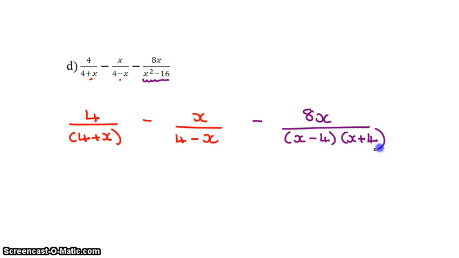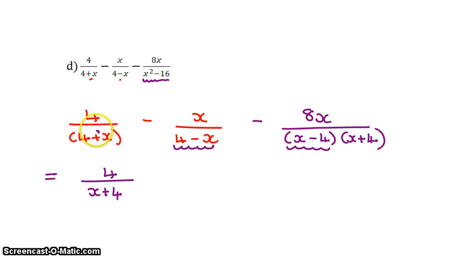Now, as soon as I write down that, I realize that swapping this around is essential because this is x minus 4. So if I want them to look identical for my lowest common denominator, it would be useful to do a switcheroo. So I've got 4 plus x. In actual fact, can I not write that immediately as x plus 4? Do I need to make any sign changes?